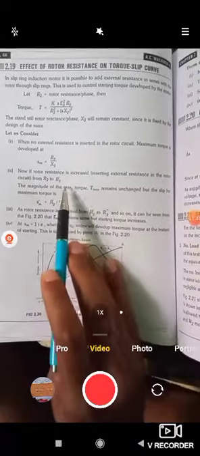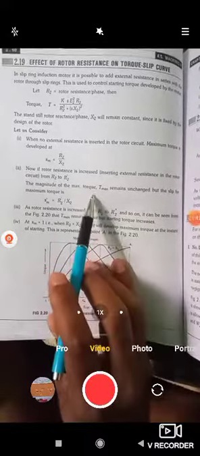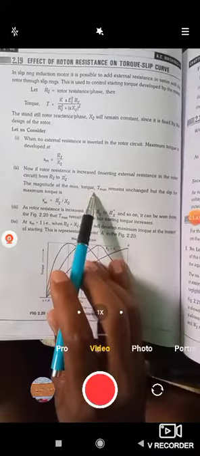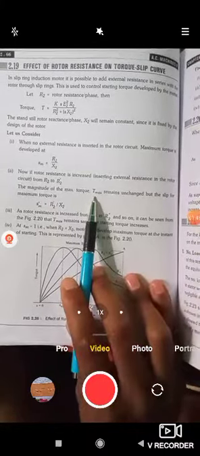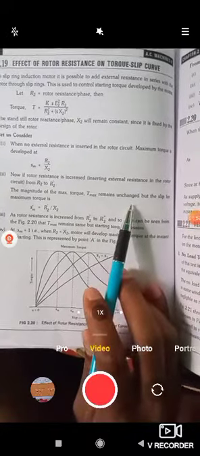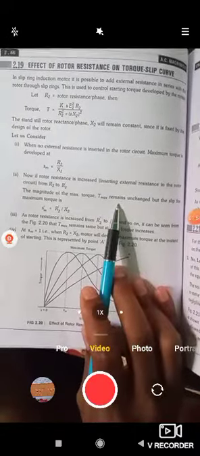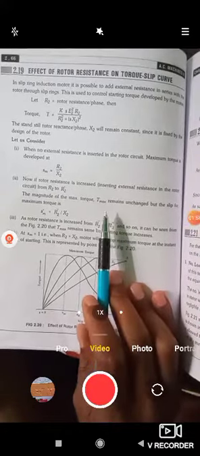Even though the resistance is increased, the magnitude of maximum torque is unchanged, because Tmax is independent of rotor resistance. But the curve will shift to the right side.